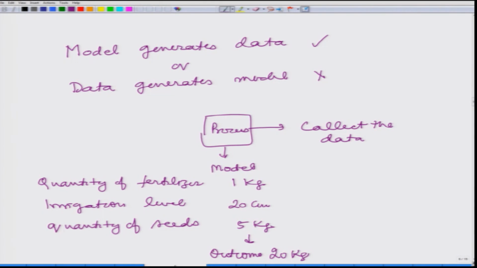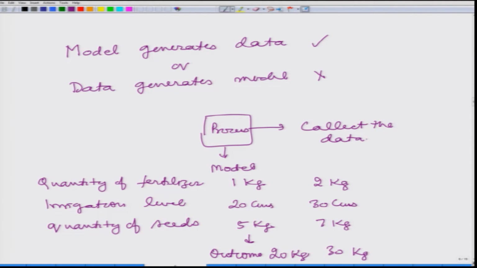Right. Now I try to repeat this experiment again with some different values. For example, now I say I am using 2 kg of fertilizer, and I use 30 centimeters of irrigation, and suppose I use 7 kg of seeds, and suppose this time I get 30 kilograms of yield. So we conduct this type of experiment, and then we collect the data.